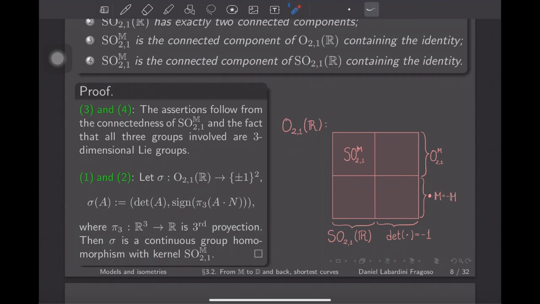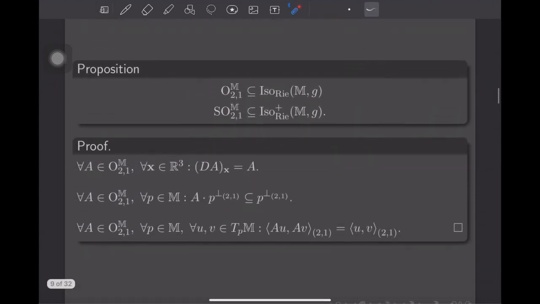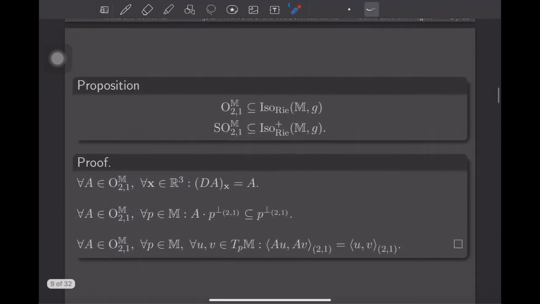Okay, and an important proposition: now you are starting to really hit the correct groups.